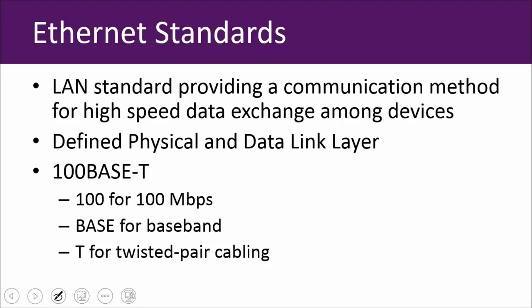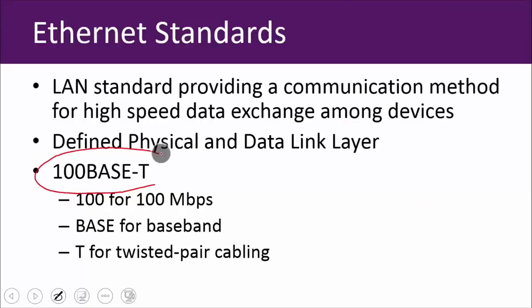Defines a communication method for high-speed data exchange among devices. And you're commonly going to see that, if we look back at the presentation here, the technologies are referenced in this particular format, 100 Base T as an example. 100 is for 100 megabytes per second.